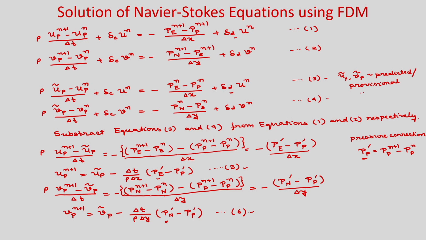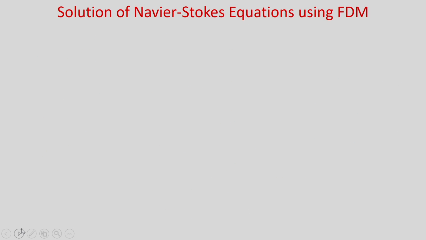So, now we will start from the continuity equation. For 2 dimensional incompressible flow, continuity equation is del u by del x plus del v by del y is equal to 0, and this will be satisfied at the main cell of pressure P.